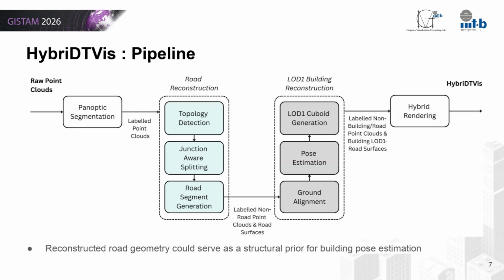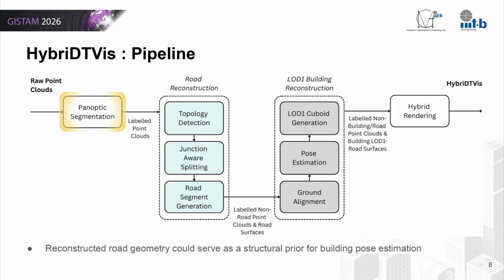These reconstructed road surfaces could then act as structural prior for the next stage, which is LOD 1.0 building reconstruction. This module includes ground alignment, pose estimation, and cuboid generation. Finally, all these outputs are integrated into a hybrid rendering system where we visualize both original point clouds and the reconstructed road and building geometry together.